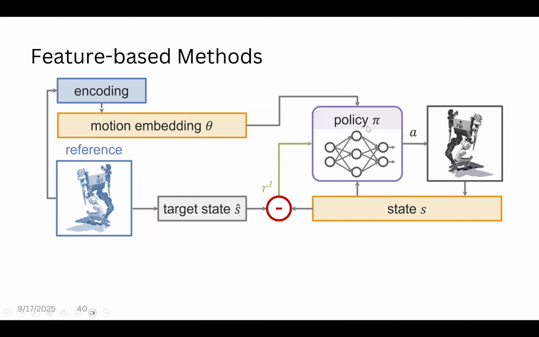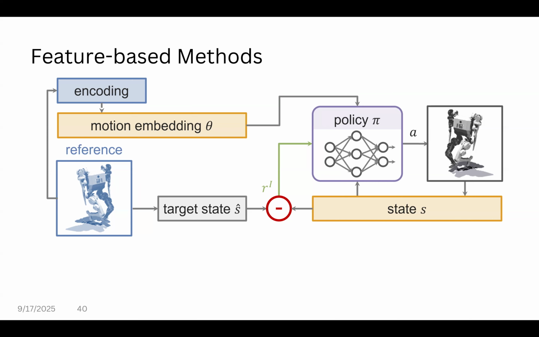And sometimes they feed more than one frame, but all the future frames. If you have a large dataset of different kinds of motions, you hope the policy can generalize to the motions that you train on, and of course all the motions in between, by conditioning on this kind of large embedding or sequence of frames.